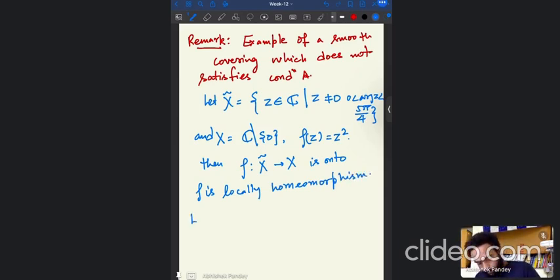Now let delta r be the set of xi such that the modulus of xi minus i is less than r, for r between 0 and 1.